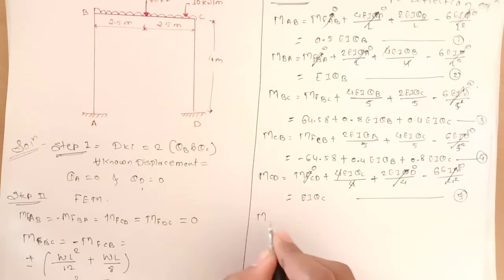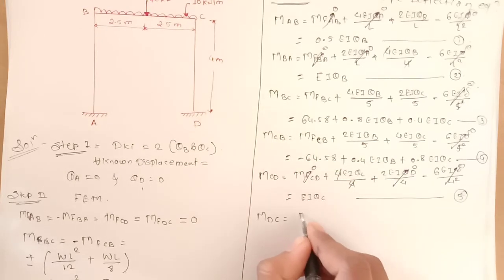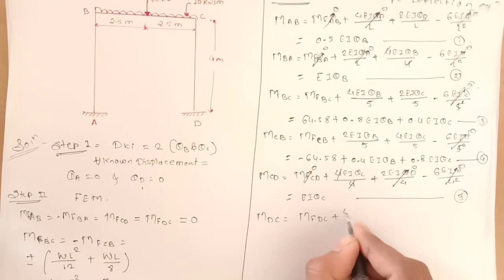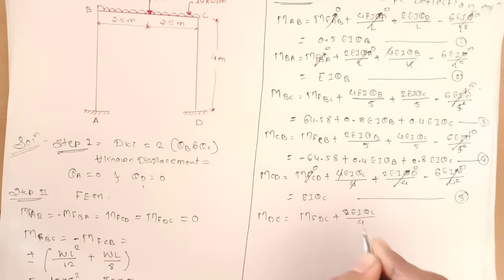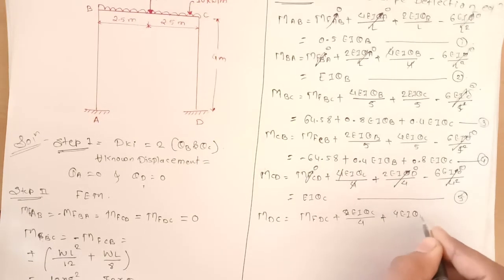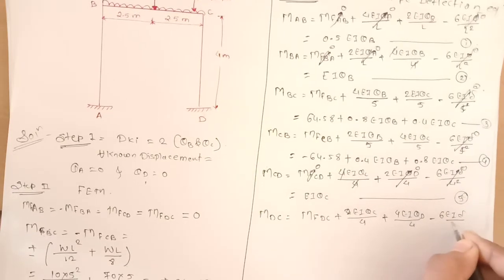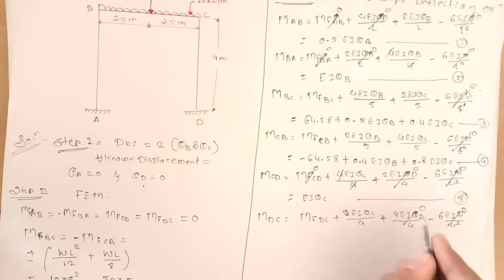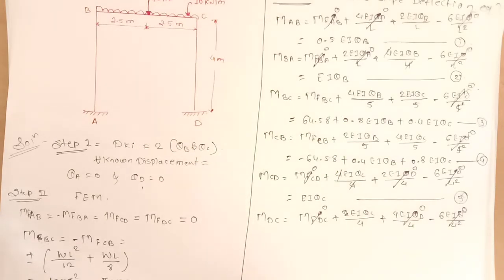And last, the slope deflection equation at member DC is equal to, formula is fixed moment for member DC plus 2EI theta C divided by L, which is 4 meter, plus 4EI theta D divided by 4 minus 6EI delta divided by 4 square. So here the delta term is equal to 0, the theta D term is equal to 0, and the fixed moment at member DC is equal to 0.